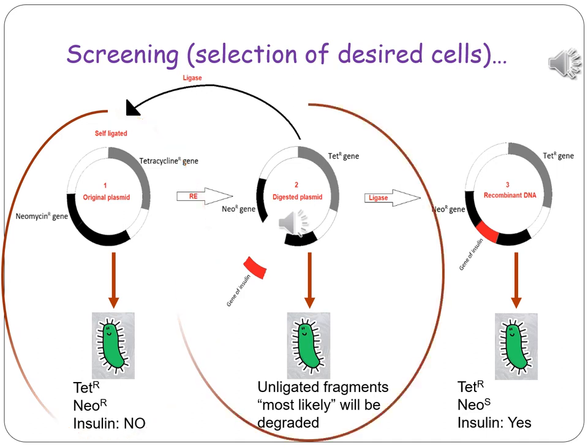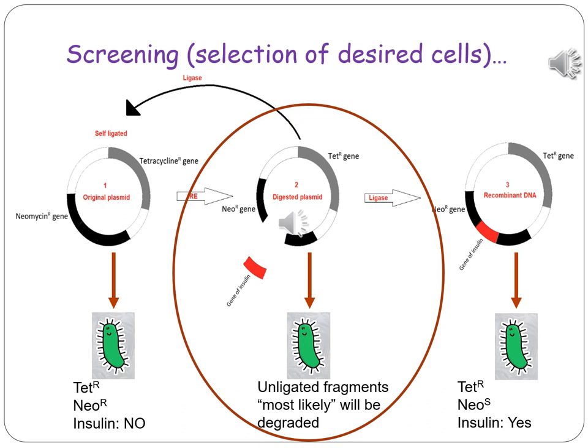Now imagine that the digested plasmid, which is number 2, or the unligated plasmid and the unligated gene of insulin or any other unligated DNA fragment was taken up by a bacteria cell. These unligated fragments are most likely to be degraded by the enzymes that are in the cytoplasm of the bacteria.